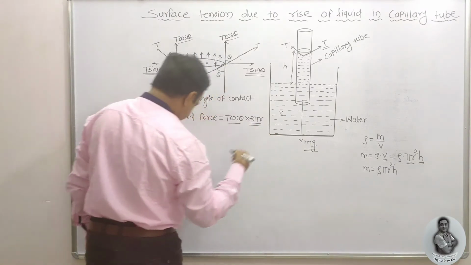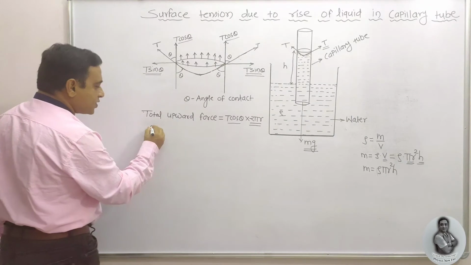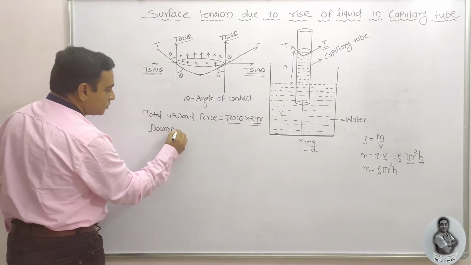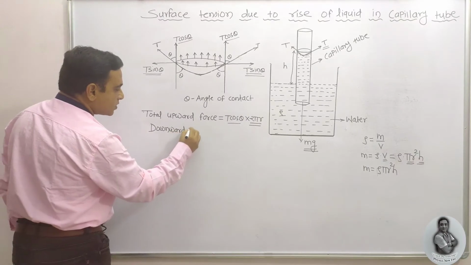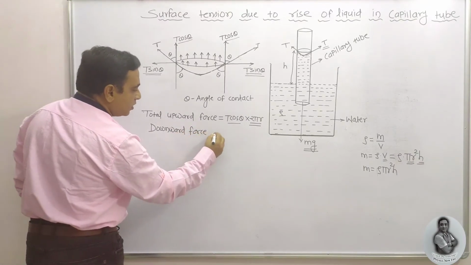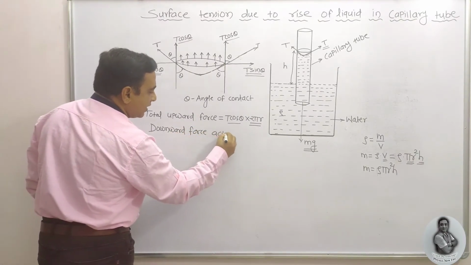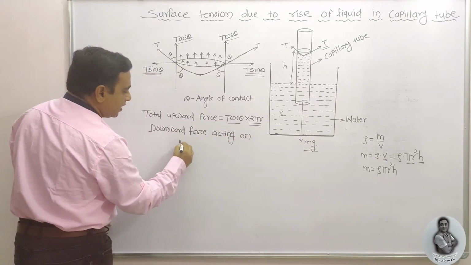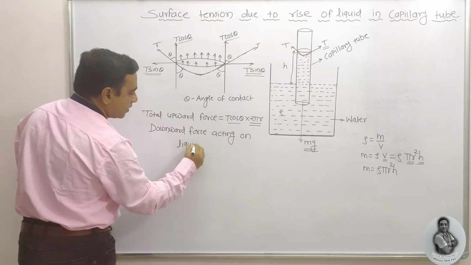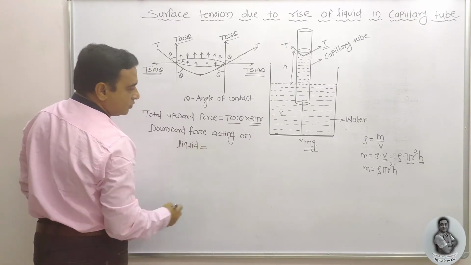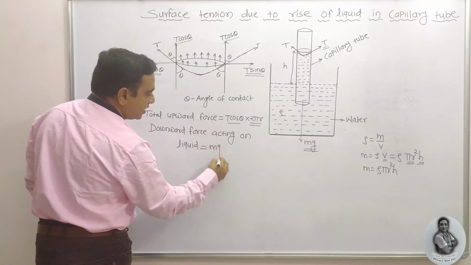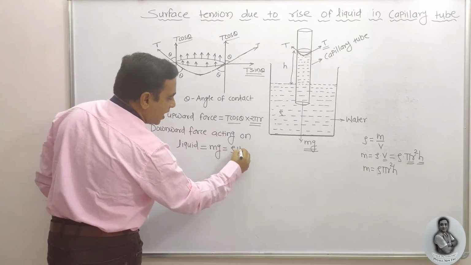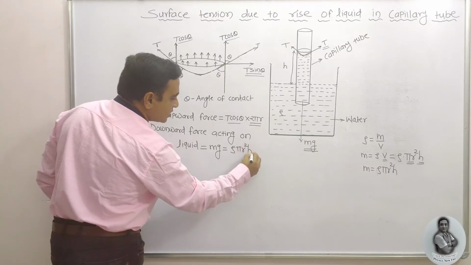So the total weight or downward force acting on the liquid is equal to m into g, and I am going to substitute m is equal to rho pi r square h.